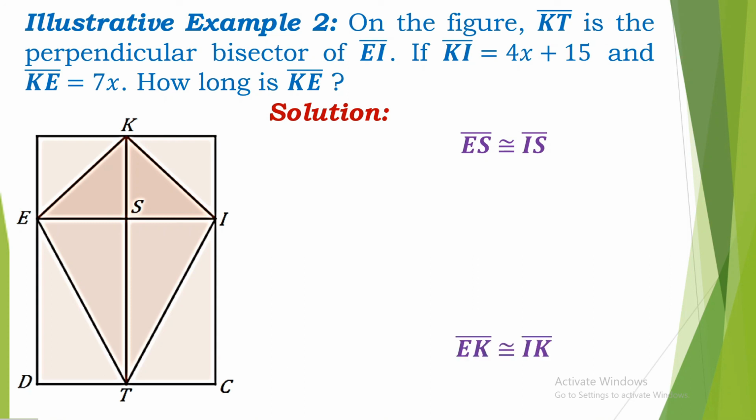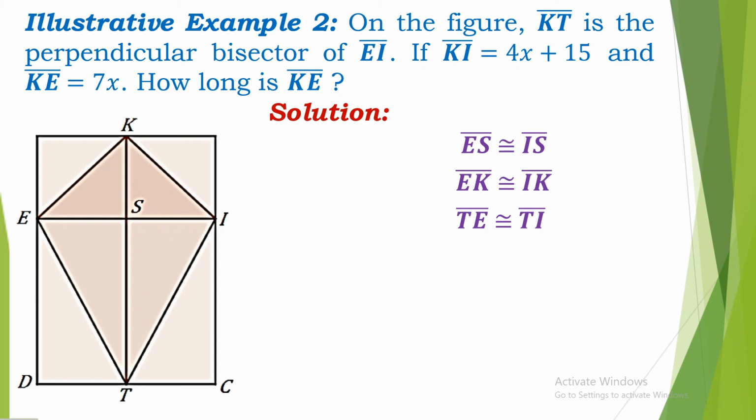We have segment EK is congruent to segment IK and segment TE is congruent to segment TI. Now, since in the problem we just want to look for the measure of segment KE, the given measurements are for segment KI and segment KE.